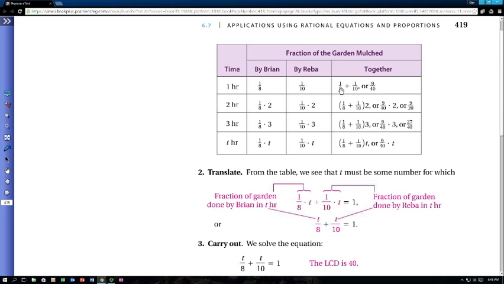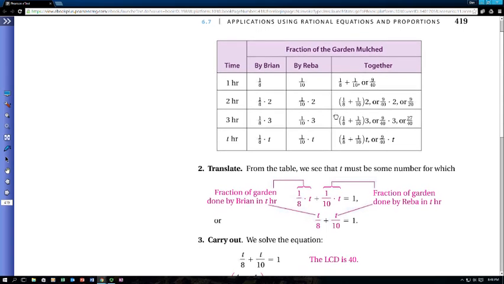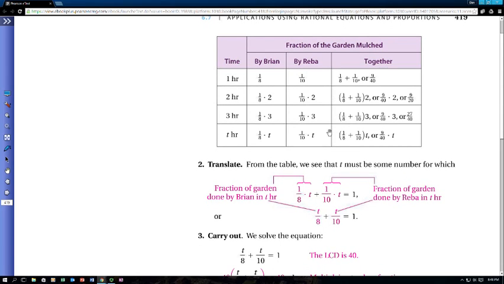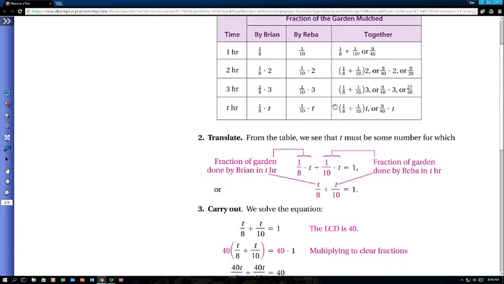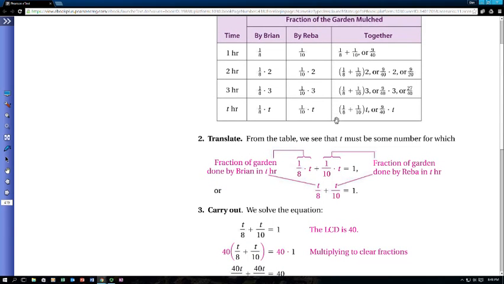Just like it says, 1/8 of a garden and 1/10 of a garden, together they do 9/40ths of a garden in 1 hour. We could keep doing this, but we want the ability to write an equation. In T hours, an unknown amount of hours, what does Brian do?